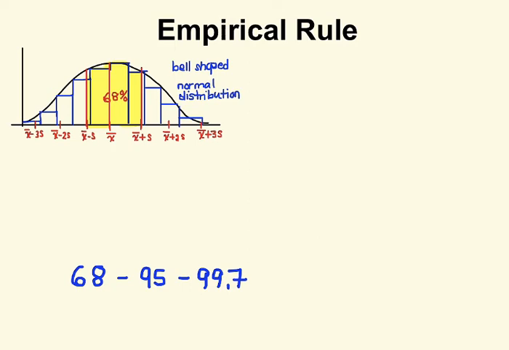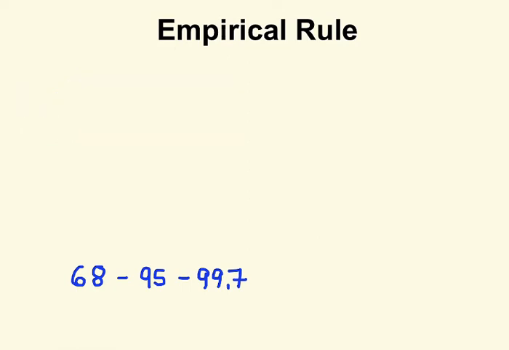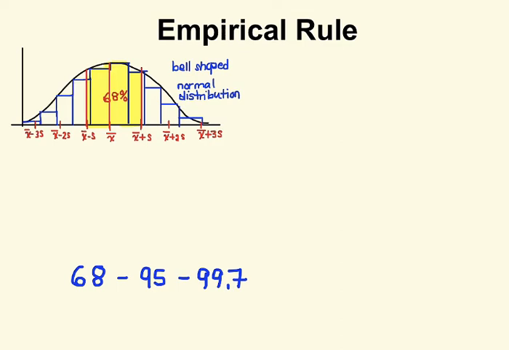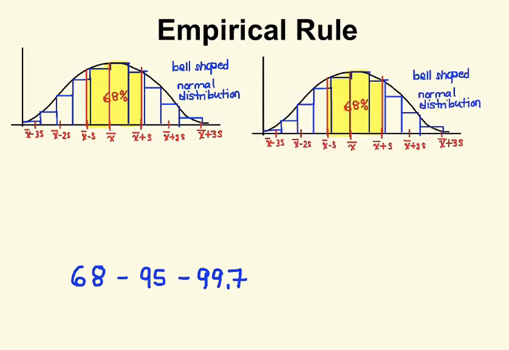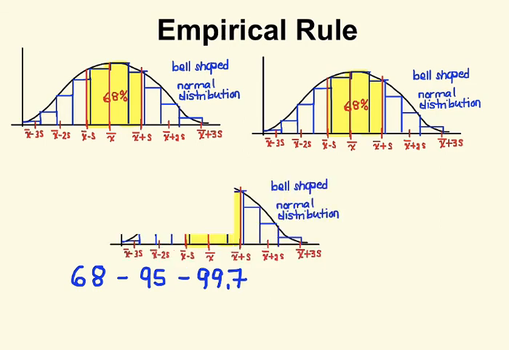Too large. Let me copy this again. I'm a little bit stubborn here. Let me copy it. Okay, it's back. And paste it. So I want to put 3 up here, and paste another one below. Okay. So this is our 68, 95, 99.7 rule.